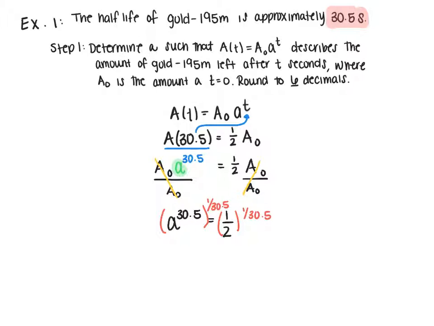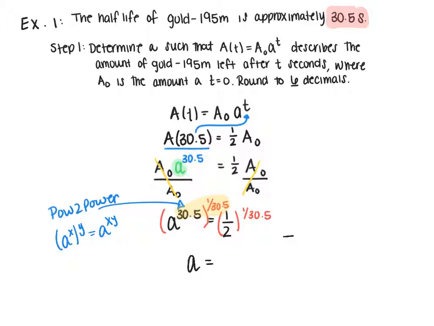The reason I can do that, if you remember my power to a power rule, is that when you have two exponents, a power to a power, you multiply those two. So 30.5 times 1 over 30.5, the 30.5s cancel and will leave you with just A over there.